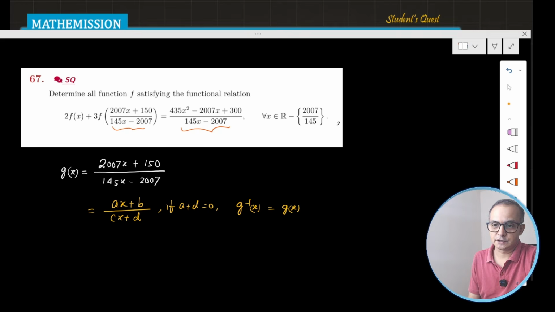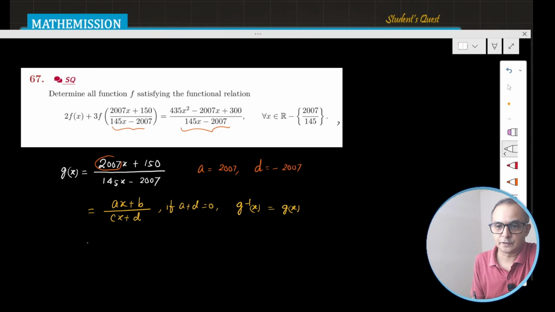It means that here 2007 and minus 2007 are there, so a is equal to 2007 and d is equal to minus 2007. So for this, I have g of g(x) is equal to x.